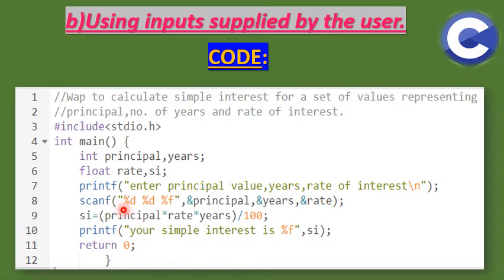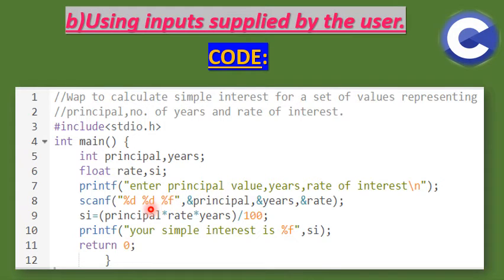So the first %d is the format specifier for the input I give as a user for my principal variable. That means the integer value I input here will be stored at the address of my principal variable, or you can also say it will be stored inside my variable principal.